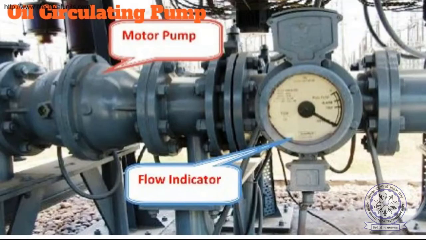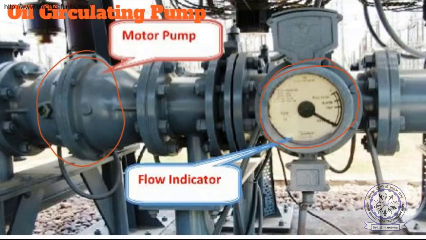Here the oil circulating pump is shown. So this is the pump portion. This will be at the bottom only, and then you can see there is an indicator of flow, showing how much oil is getting circulated, what the flow rate actually is.